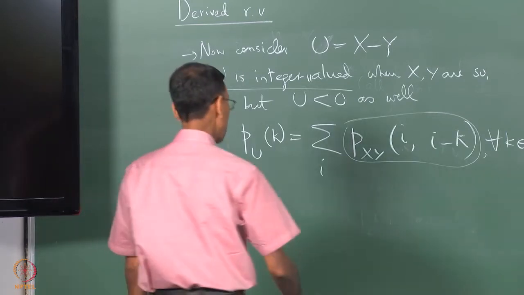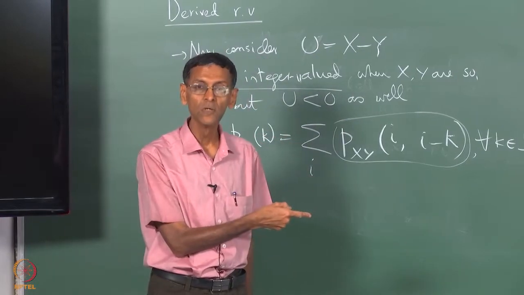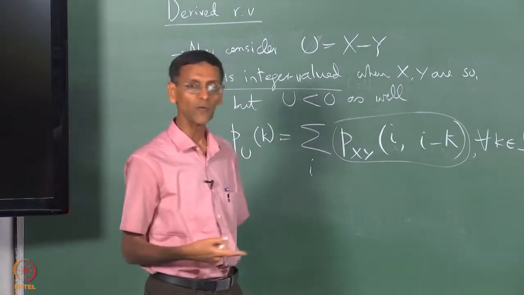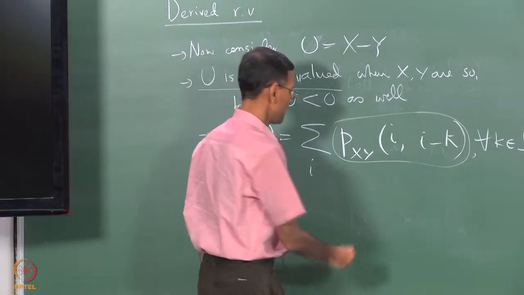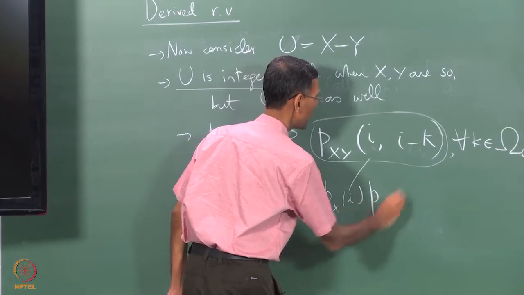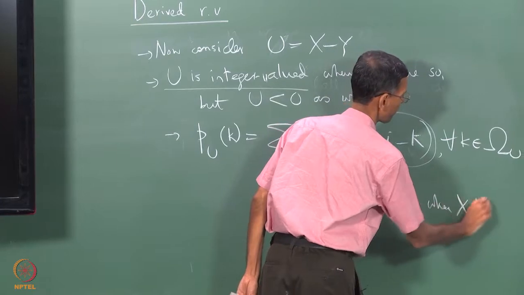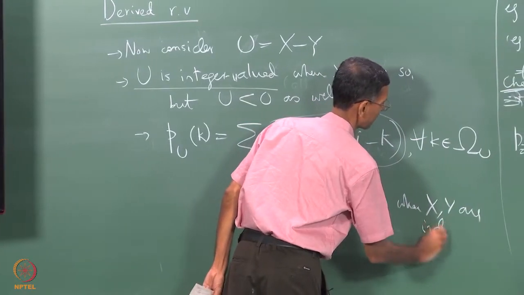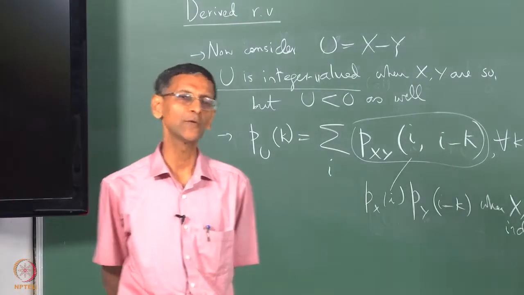Of course, in the independent case, what happens? It will factor into P_X of i into P_Y of i minus k. So this factorization happens for independent. And then you get, what is that operation called on the two sequences P_X and P_Y?